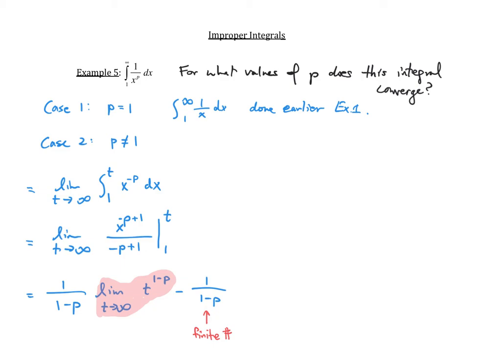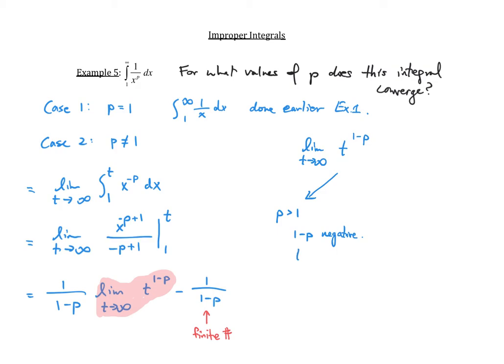So let's see what happens. I'm going to take the limit as t goes to infinity. I'm going to have t to the 1 minus p power. And I'm going to break this up into 2 cases. So the first case is, what if p is greater than 1? If p is greater than 1, then when we look at that exponent, 1 minus p, that exponent is going to be negative, right?